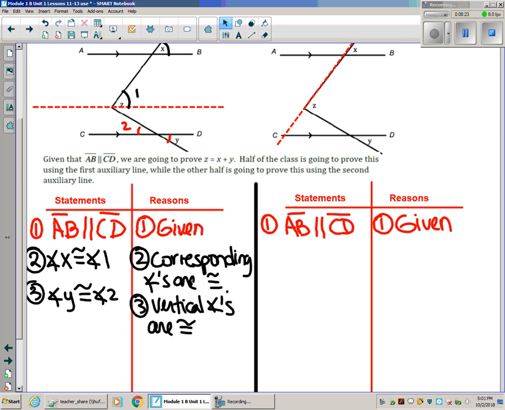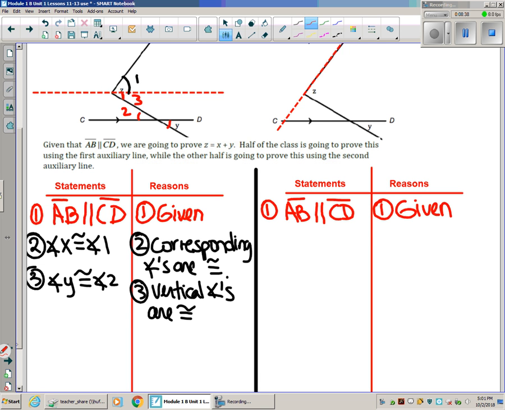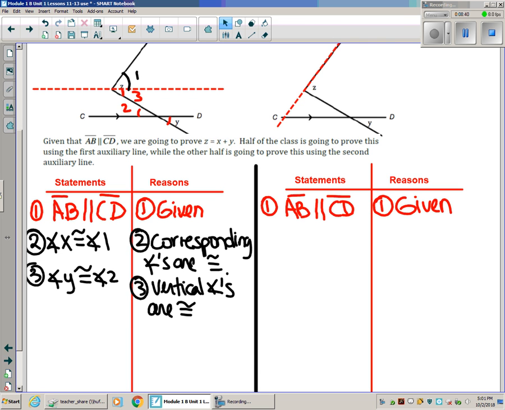Right, so now notice that angle 2 is also located up here. So maybe let's call that angle 3. Angle 2 and angle 3 are in fact congruent.